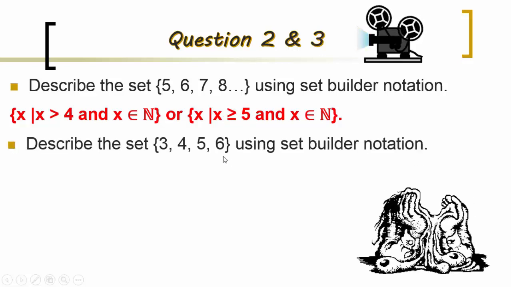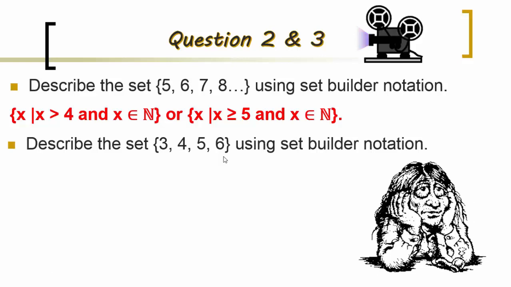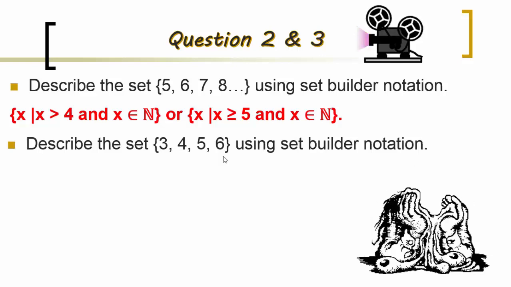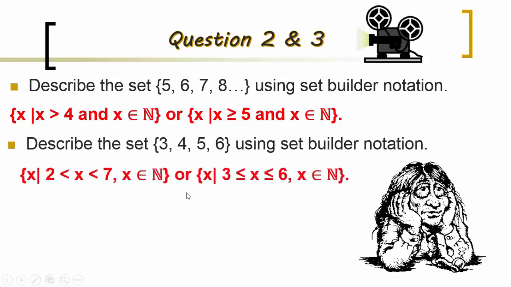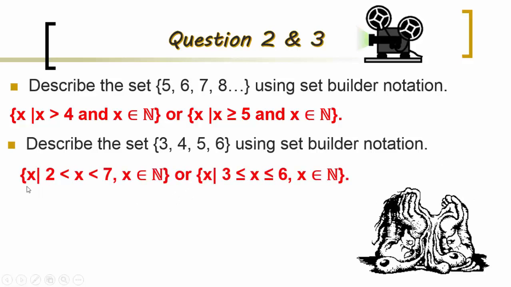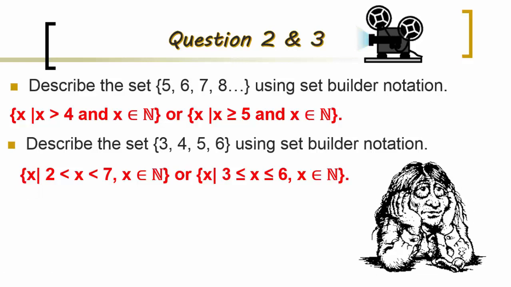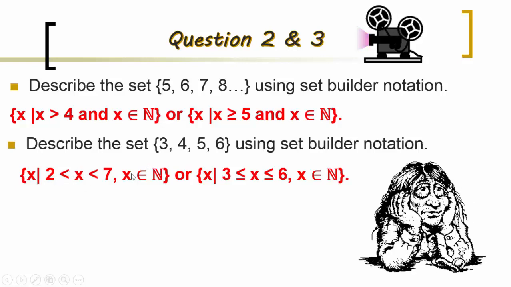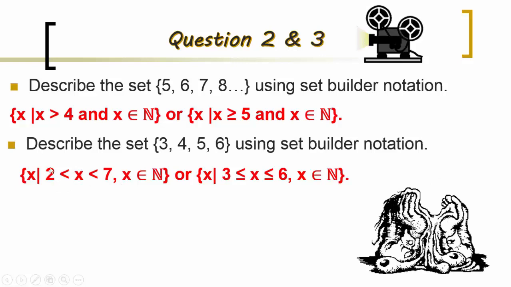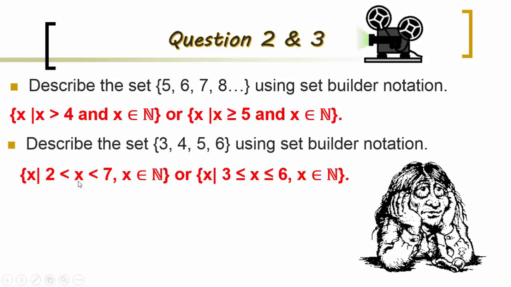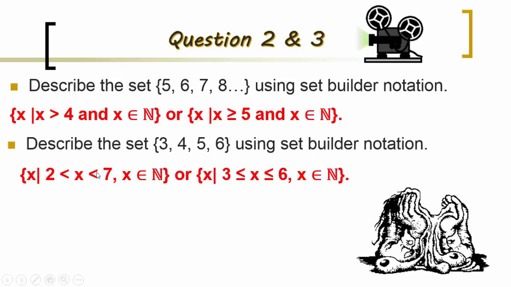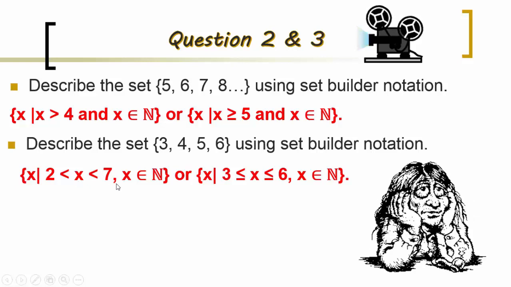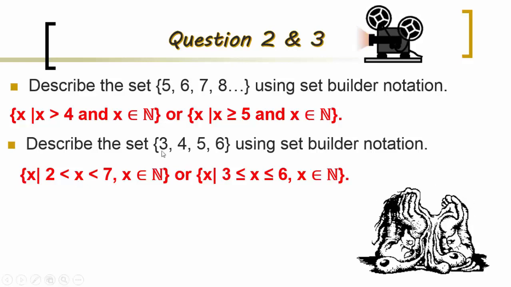But let's say it's finite, and we only have 3, 4, 5, 6, and 7. Well, that means we have the set of all x such that x is between. Here x is greater than 2, which means it starts at 3, and x is less than 8, and x is an element of the natural numbers.